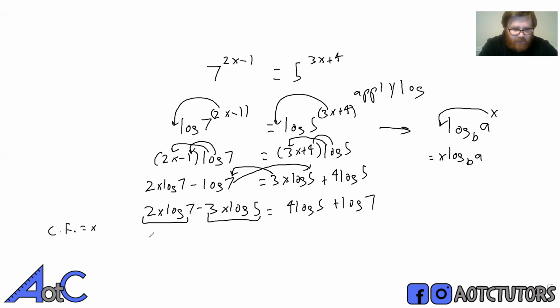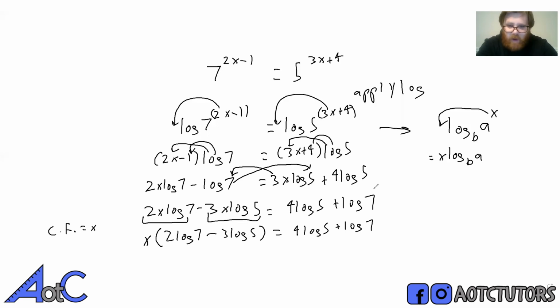So I can take out that x, and in a bracket write down what these two terms would be if the x wasn't there. If I take an x out of 2x log 7, I'm left with 2 log 7. And if I take an x out of negative 3x log 5, I'm left with negative 3 log 5. And then that's going to equal what I have here.